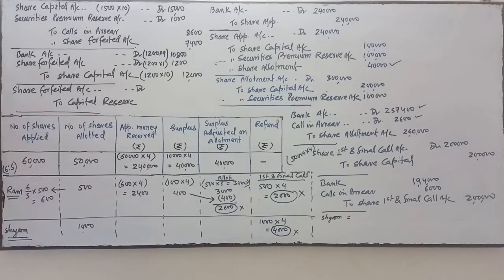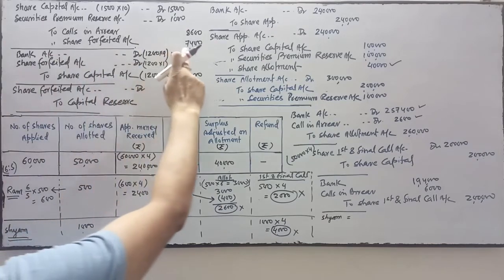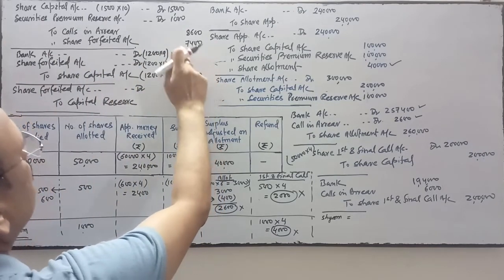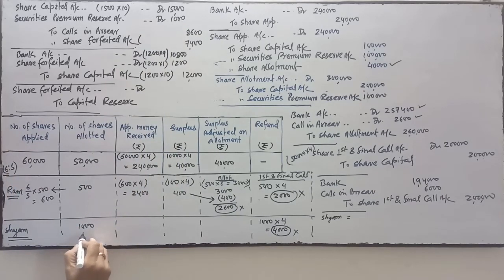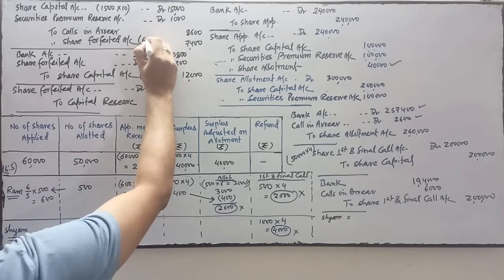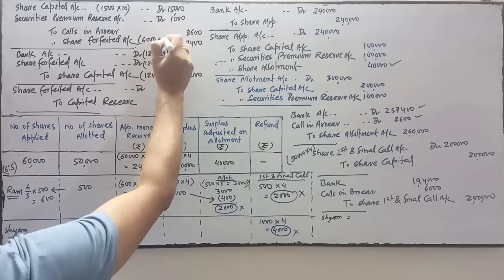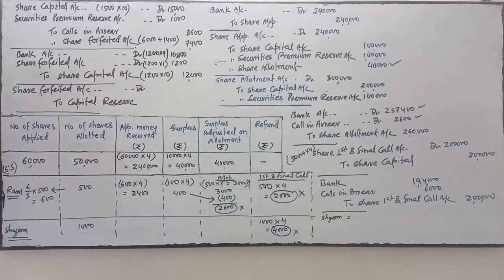We have forfeited Shyam's, credited over here 7400. In this 7400, Shyam has paid 6 rupees excluding premium, application 2 and allotment 4, so 6000 for Shyam, and Ram's amount is 1400, which we have already discussed.